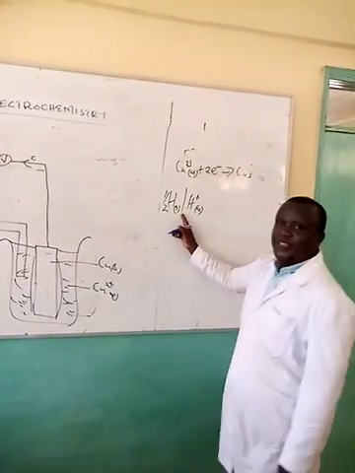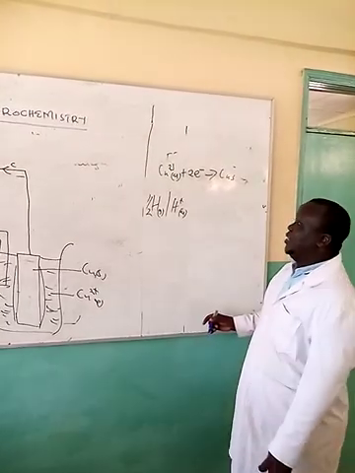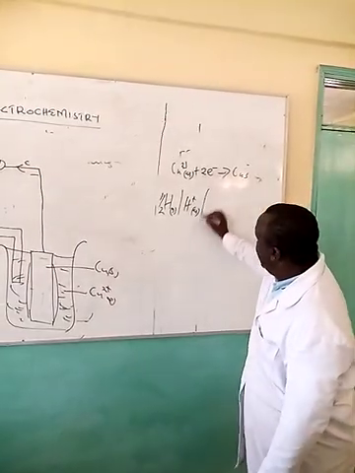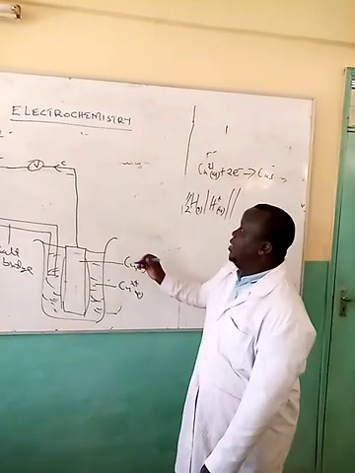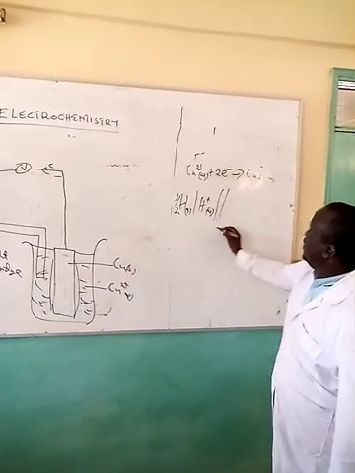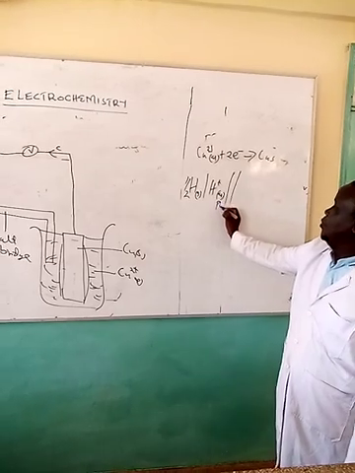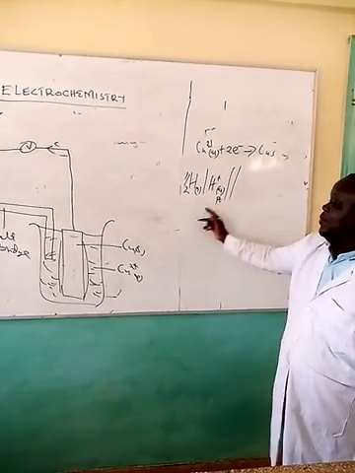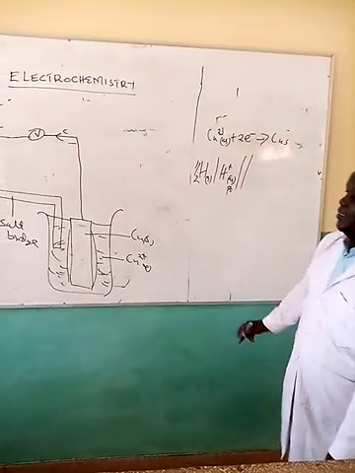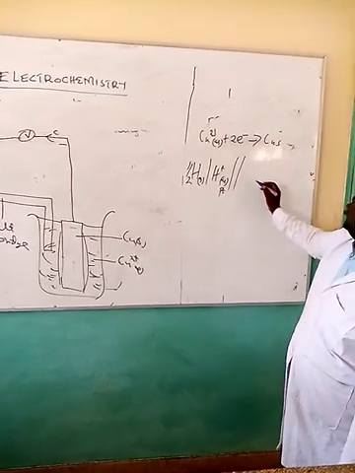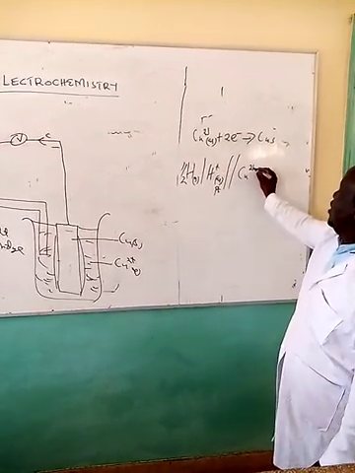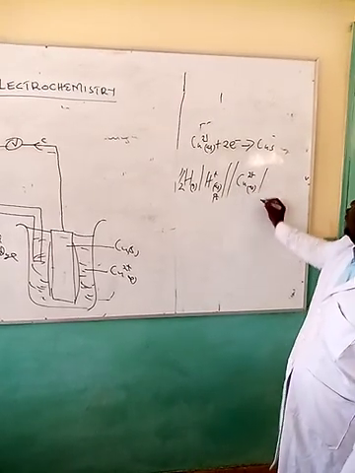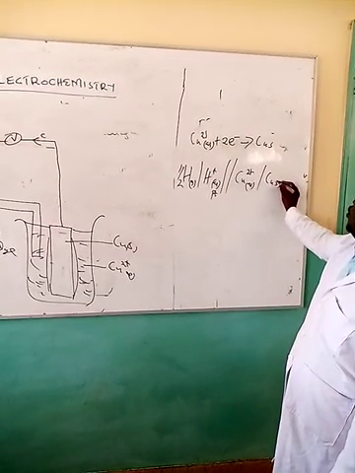As I've said, this is the phase boundary where the potential difference is developed. There's a salt bridge indicated by the double parallel lines, and we need to indicate Pt here, to show that indeed platinum has been used as the electrode. And then on our right hand side we have the copper ions accepting electrons to form copper solid.